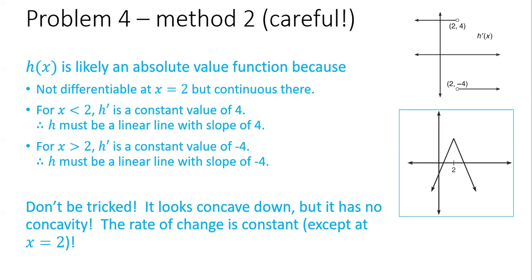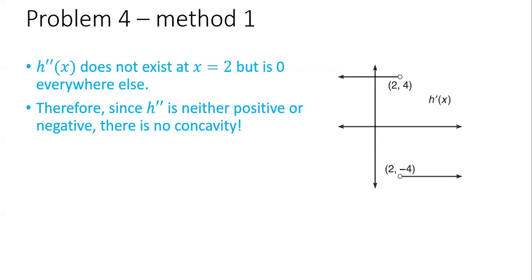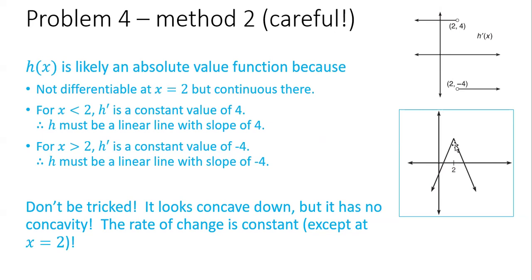So this is one of them. Okay? Because we understand that concavity has to relate to the rate of change of the rate of change, which is what I was explaining in method 1. The rate of change of the rate of change is 0 everywhere except at this corner. Okay? So if you think of it like this, don't say that it's concave down because it's technically not right. Okay?